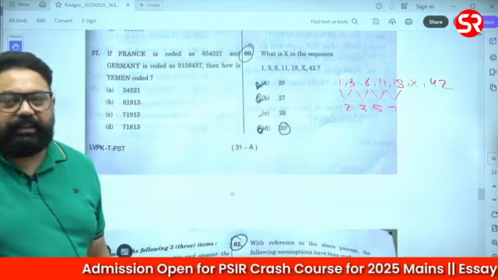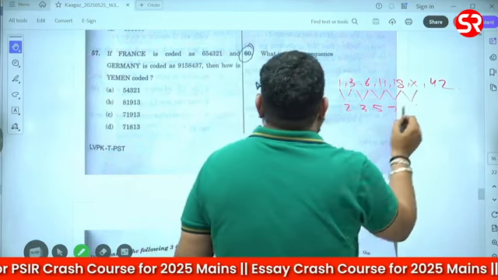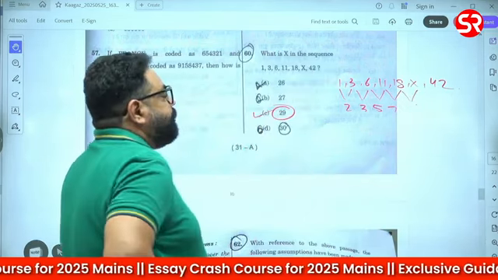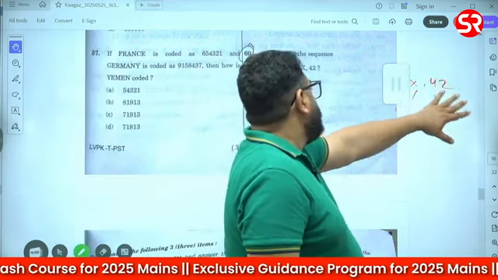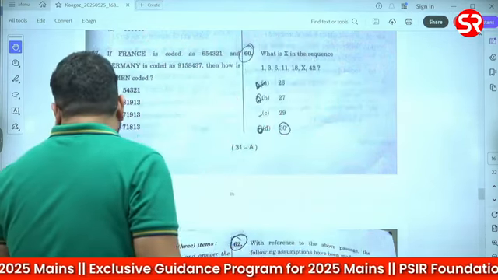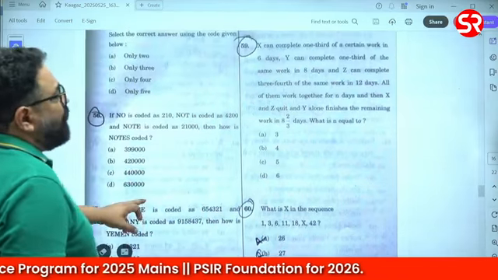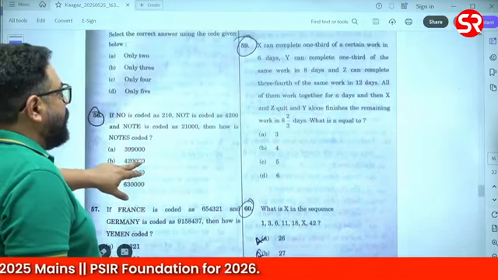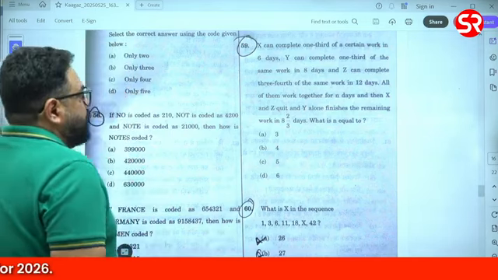Difference of prime numbers, right? So next is 11, 18 plus 11, right? Not at all a problem. You should have done it. There are 3, 4 questions like these. Most of you would do this question if you have done work with me. This is all of you should have done.